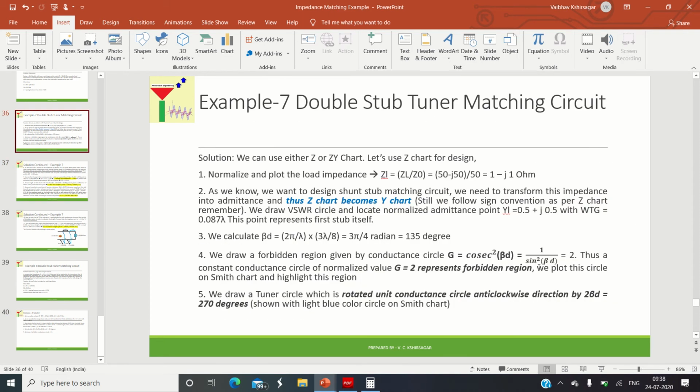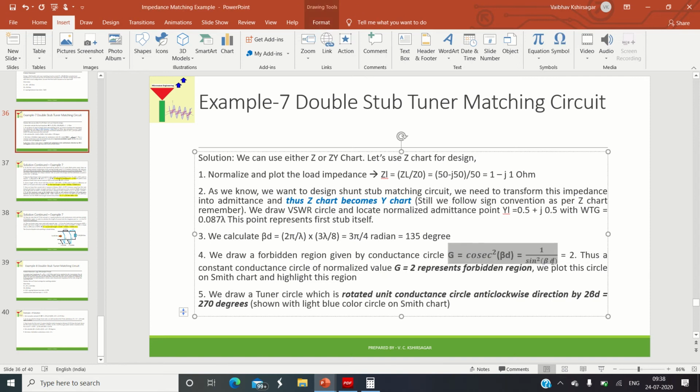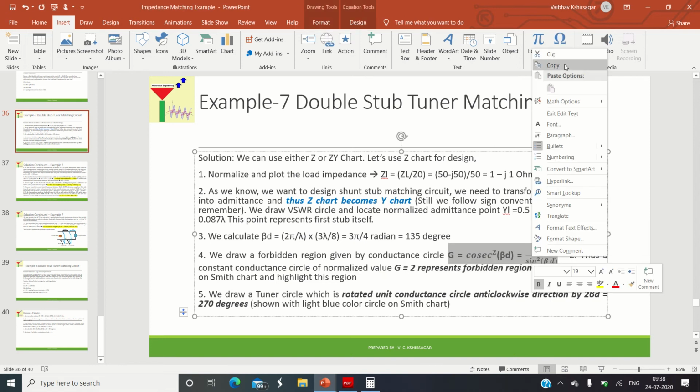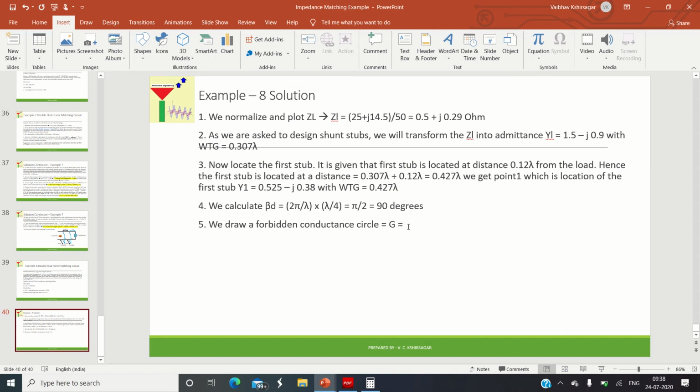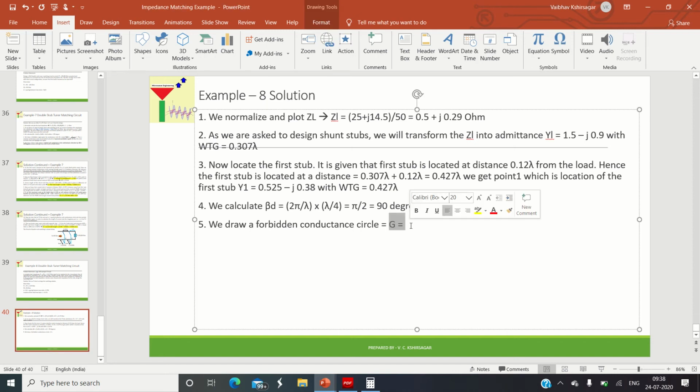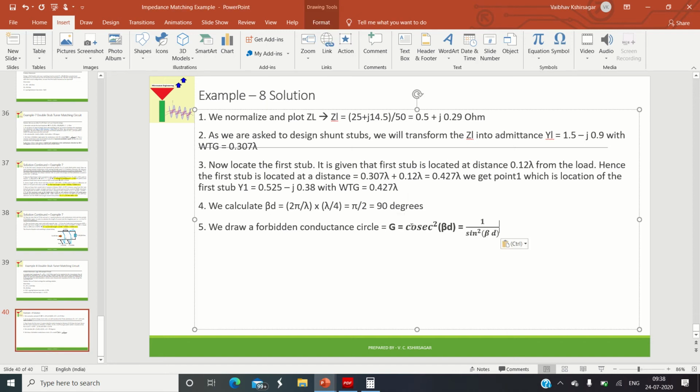The conductance circle formula is G is equal to cosec square beta D from the earlier example. I will copy this formula from here and paste it, and substitute the value: 1 upon sine square beta D.